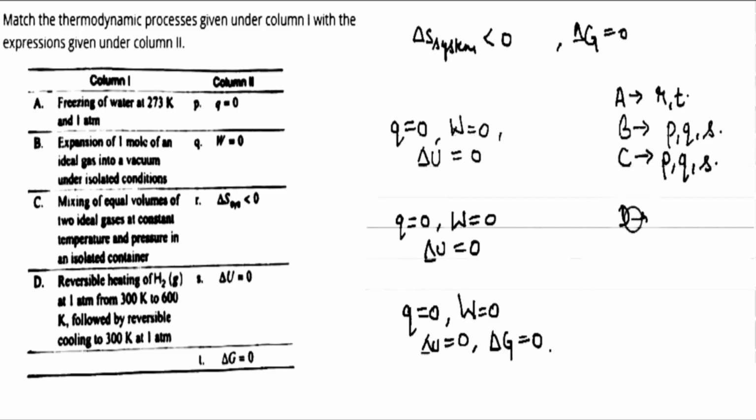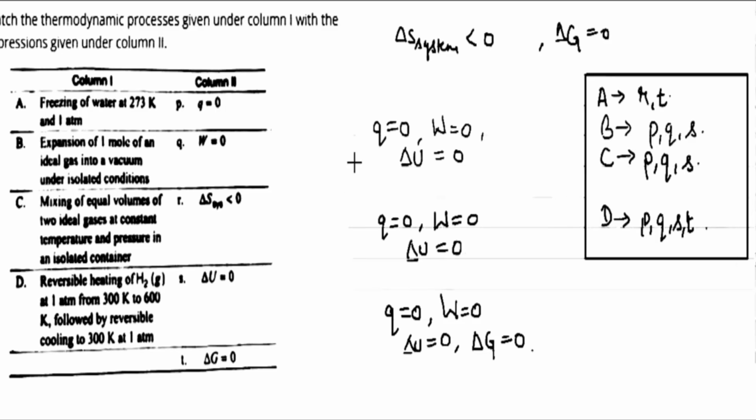So our option D will go with P, Q, S and T. These are the 4 matches according to the given options.